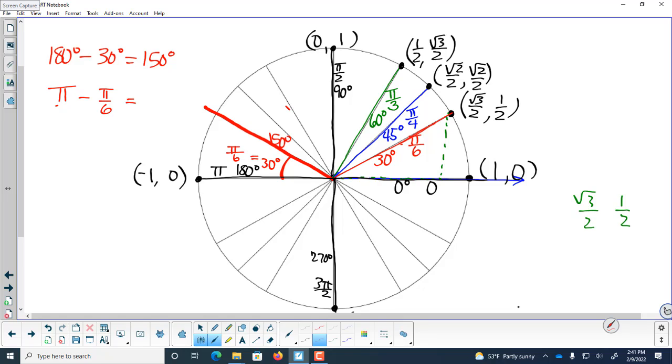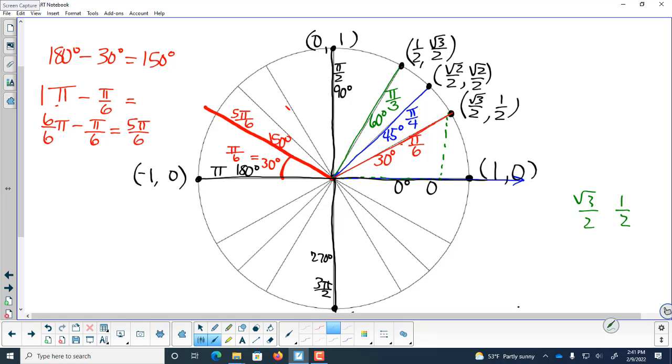Get a common denominator. 1 pi, 1 whole is 6 out of 6. So all you have to do is get common denominators with those radian measures and fractions. So that becomes 5 pi over 6. I like this because it shows a pattern. Pi is 6 pi over 6, so 5 is 1 less than 6.